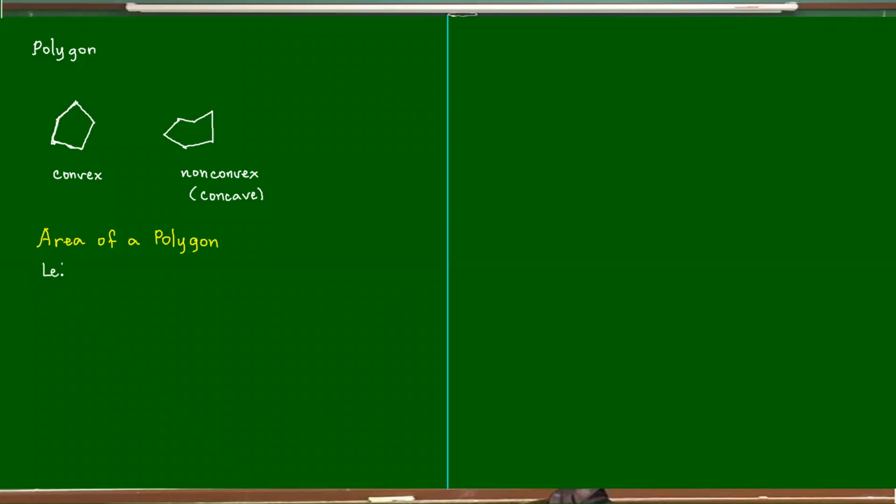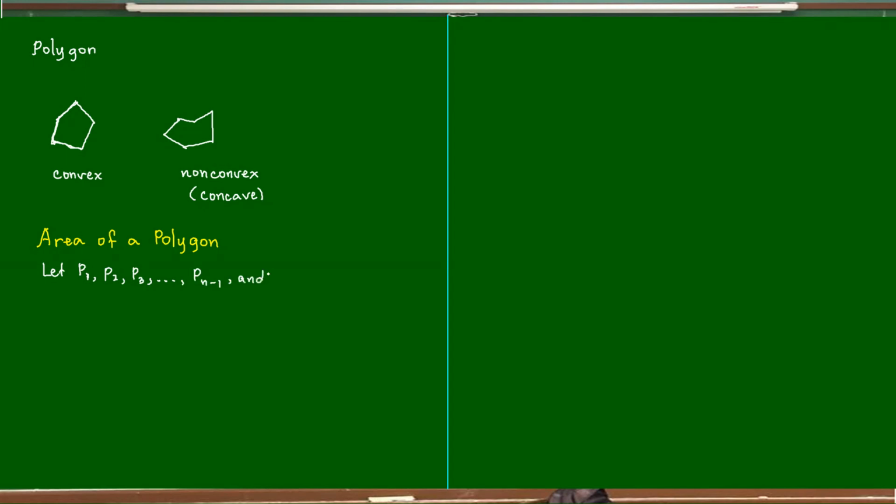Let P1, so when I say P1, understand that the coordinates are x sub 1, y sub 1, ha? So we agree on that. P2, P3, and so on, all the way to P sub n minus 1.